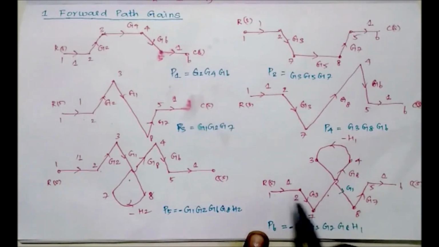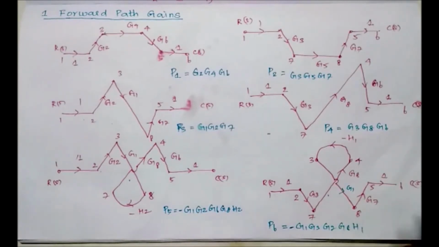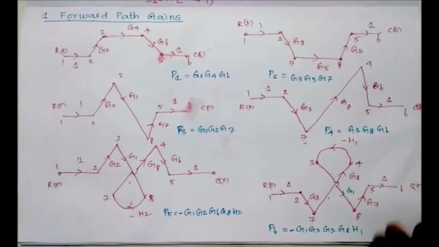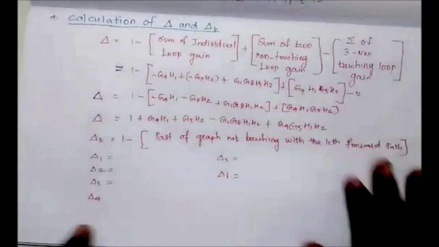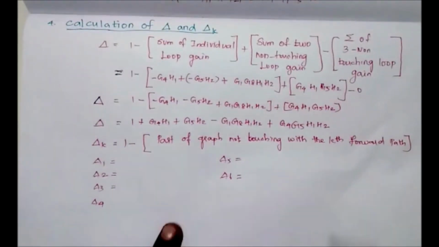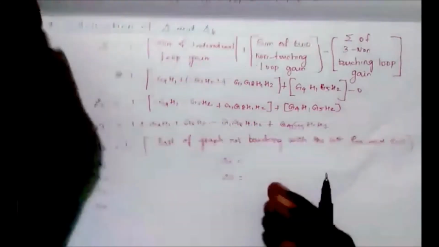Apart from this forward path, no part of the graph is available. Therefore del 5 and del 6 values are 1.